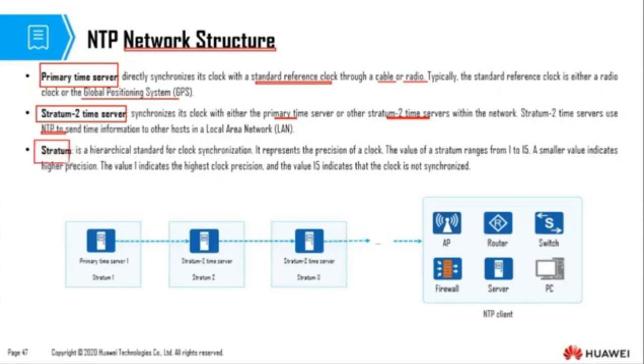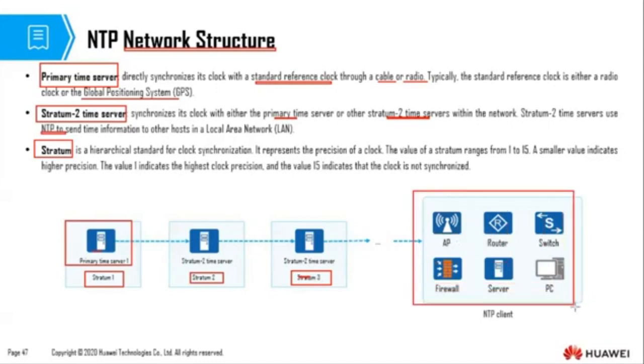Then we have Stratum. Stratum is a hierarchical standard for clock synchronization. As you can see here, we have the primary time server, Stratum 1, then a Stratum 2 time server here, Stratum 2, Stratum 3, another Stratum 2 time server. So that's sharing hierarchically, where this one is the most trusted and most accurate, and then they can share with the others before it gets to the clients.